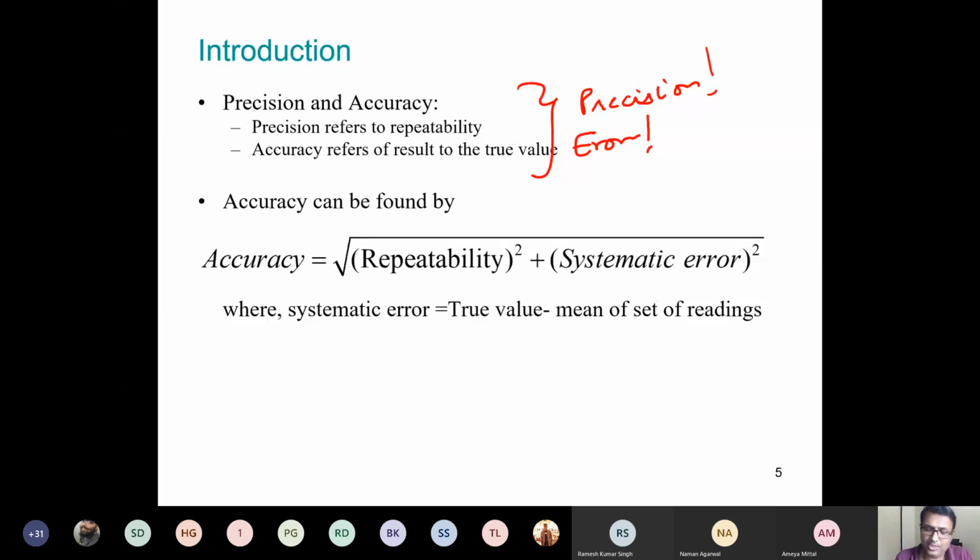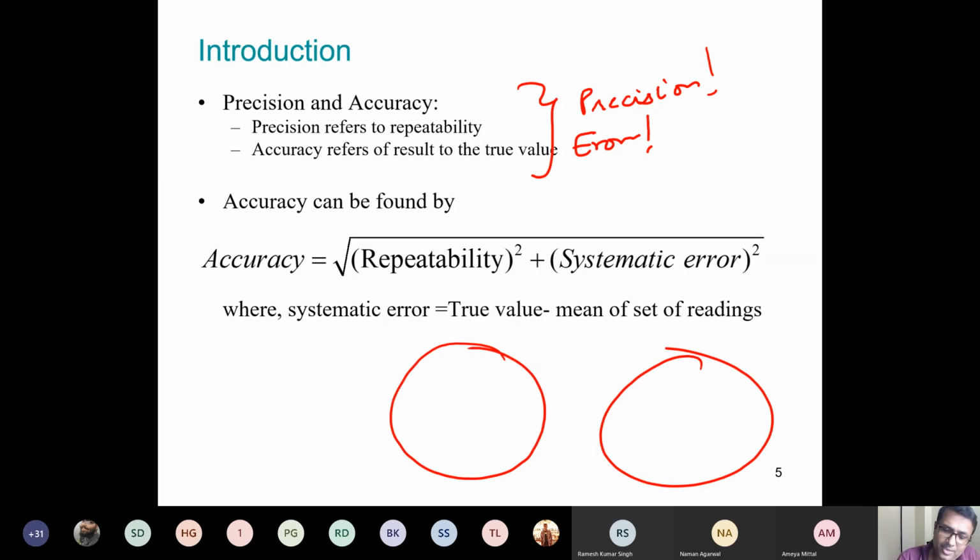So basically, I have two kinds of people, two dart throwers. One dart thrower throws very close to the bullseye. The other dart thrower is off, but he throws very, very close together. Now this guy has a systemic error. If you fix this error, he's bang on target. He's very, very repeatable.